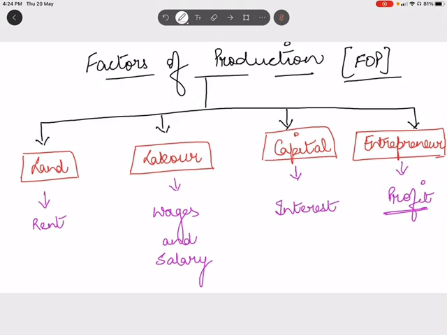Out of which the next very important term that arises is factor income. Now, each and every factor of production needs some kind of reward. So this reward of different factors of production is known as their factor income. Land receives rent. Wages and salary is the factor income for labor. Interest is the factor income for capital, and profit is the factor income for entrepreneur.